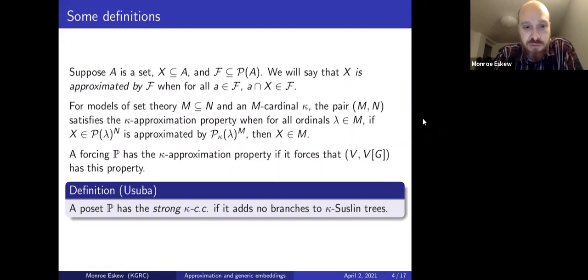He says a poset has a strong Kappa CC. I'm missing a clause there. It's supposed to have the Kappa chain condition and not force any branches to Kappa Suslin trees in V. So by definition, it should include the Kappa CC.